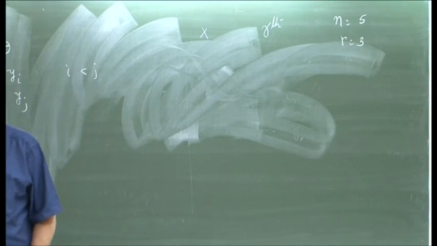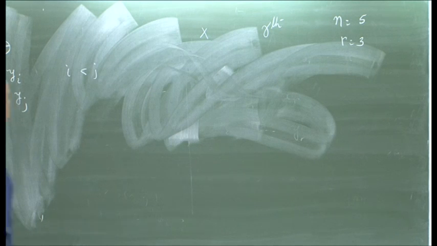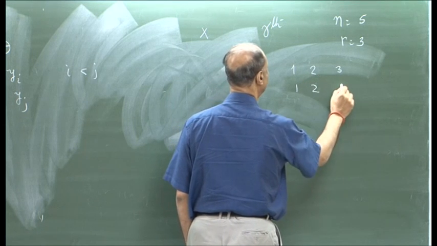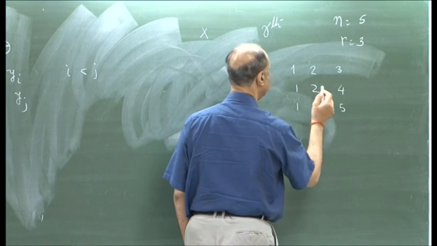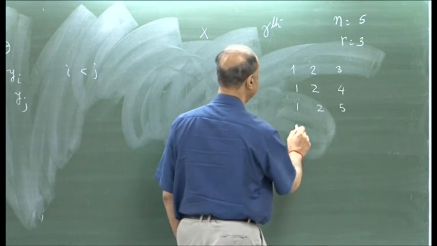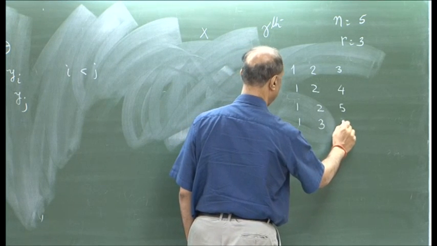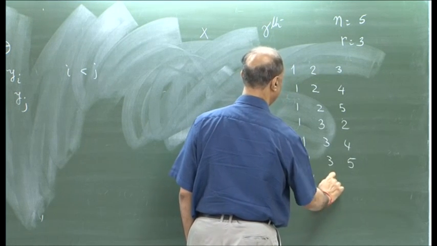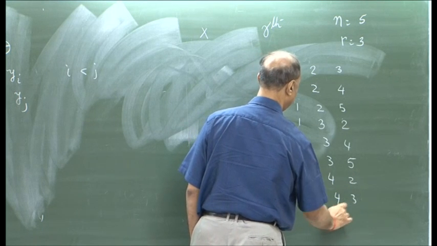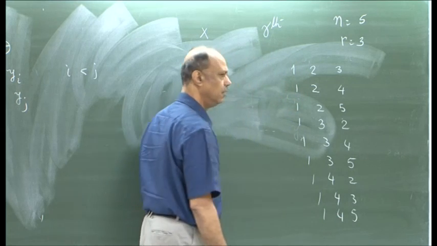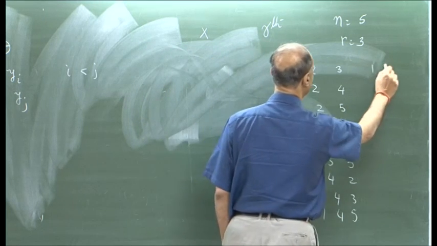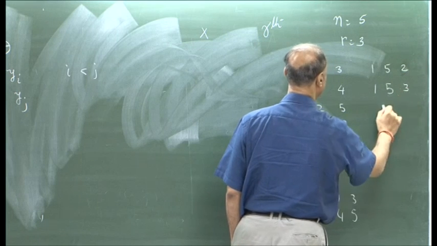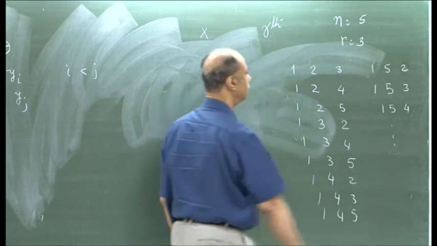Now if I have to write down all the lexicographic permutations, I can write 1 2 3, 1 2 4, 1 2 5, then 1 3 2, 1 3 4, 1 3 5, then 1 4 2, 1 4 3, 1 4 5, then 1 5 2, 1 5 3, 1 5 4, and so on.